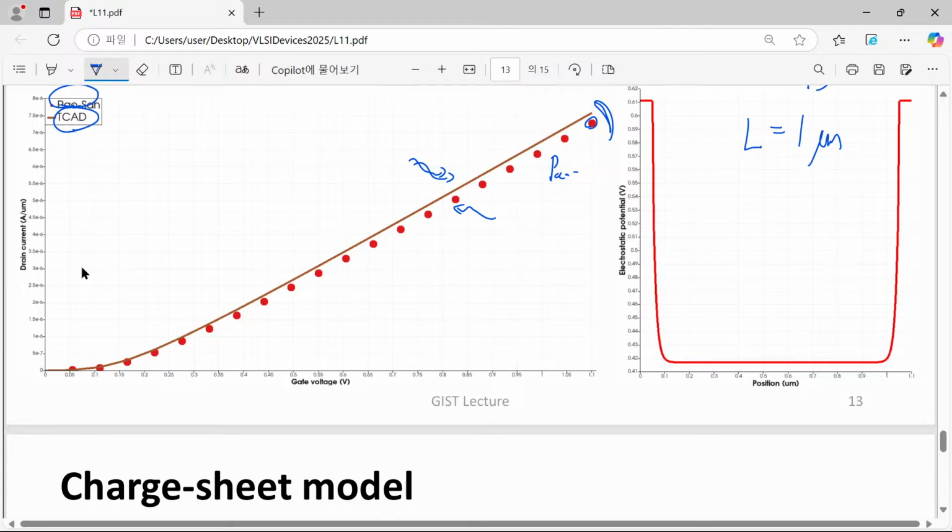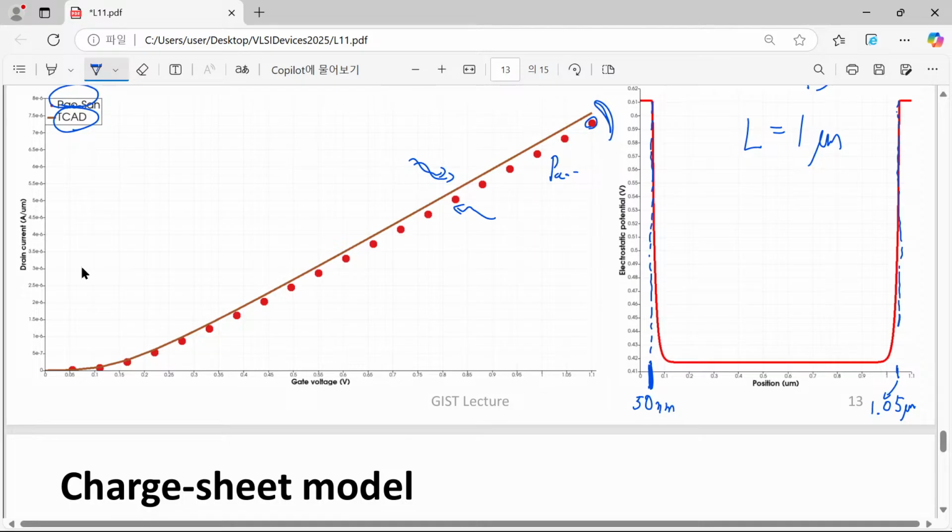In this case, I started from this 50 nanometer and ended at this 1.05 micrometer. That was my 1 micrometer long structure. So simply speaking, this is our entire structure in my TCAD simulation.